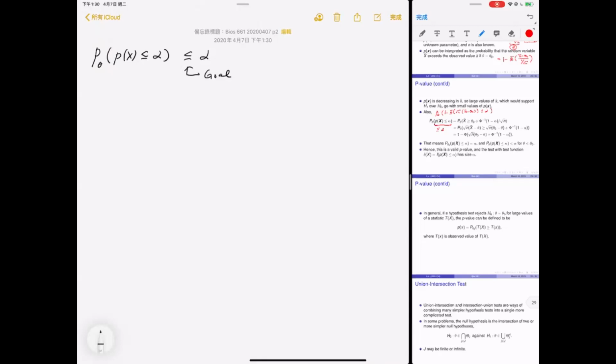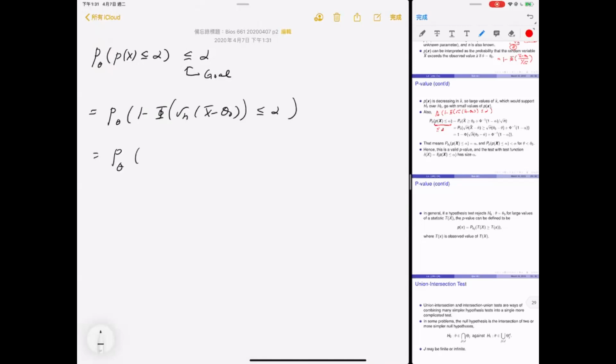So that means I can write down the p-value calculation I have, then root n, then x bar minus theta 0, then smaller than alpha.